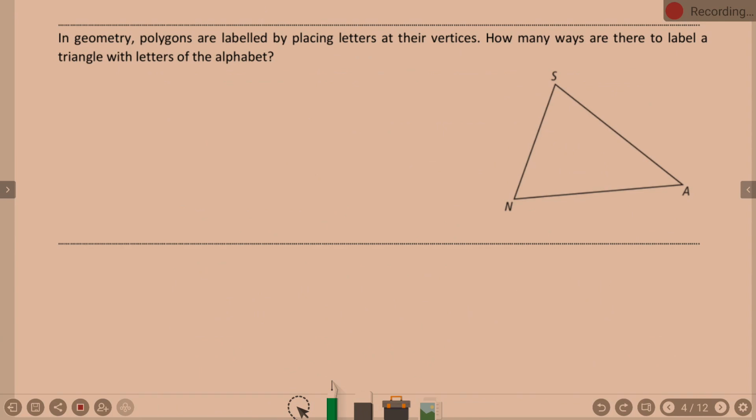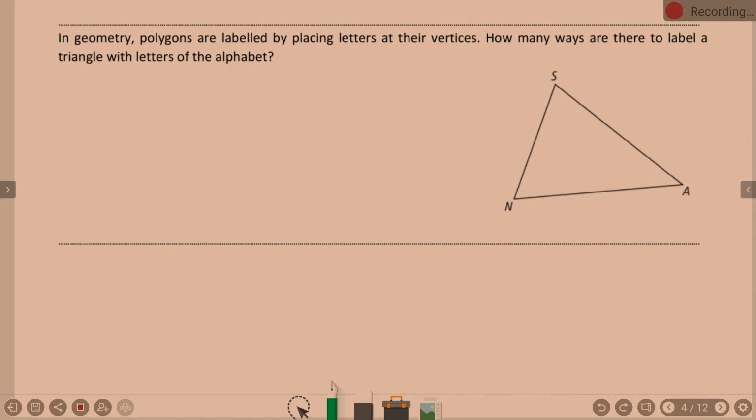In geometry, polygons are labeled by placing letters at their vertices. How many ways are there to label a triangle with the letters of the alphabet? You get 26 letters in the alphabet. I agree. Okay.